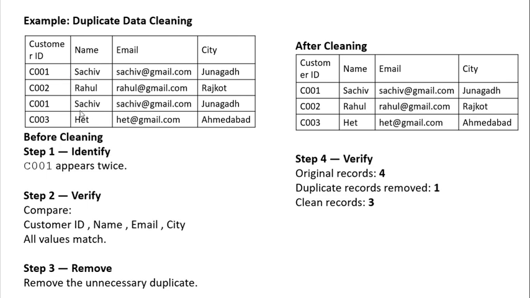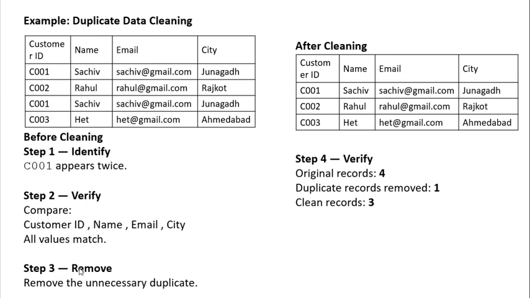Before the cleaning, the first step is identifying: C001 appears twice. The second step is verify: compare the customer ID, name, email, and city. All the values match, the same customer ID, name, email, and city.